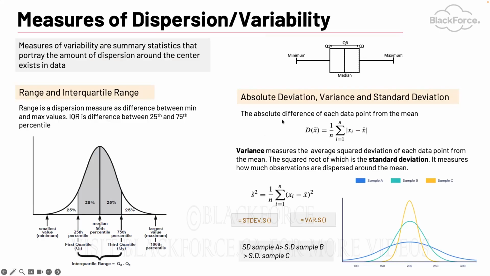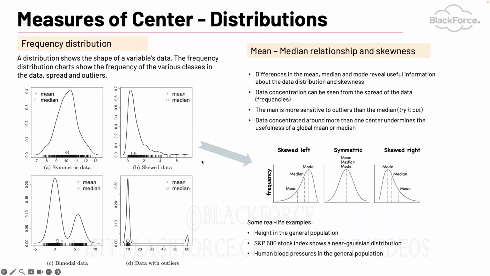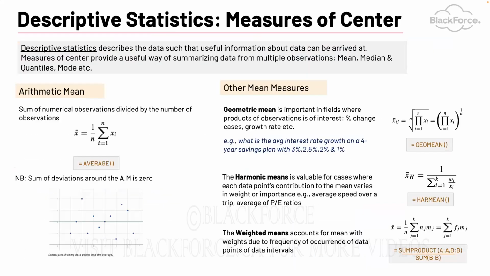One very well-used family of measures of variability will be absolute deviation, variance, and standard deviation. The absolute deviation is just the difference from the mean of each data point. Remember when we looked at the mean, I said the sum of deviations around the arithmetic mean will be 0.